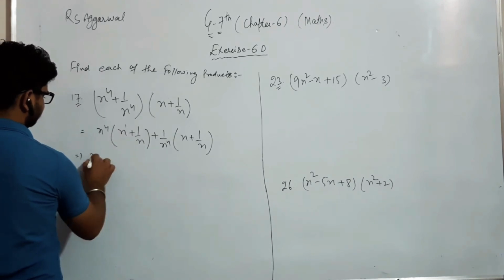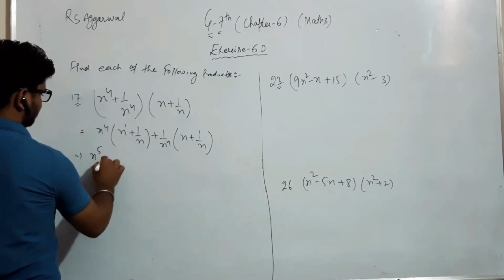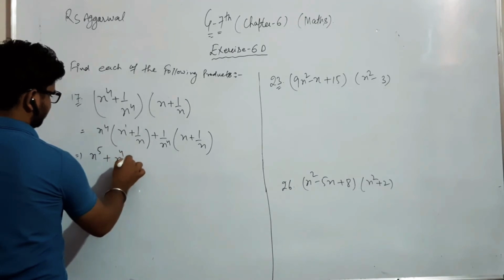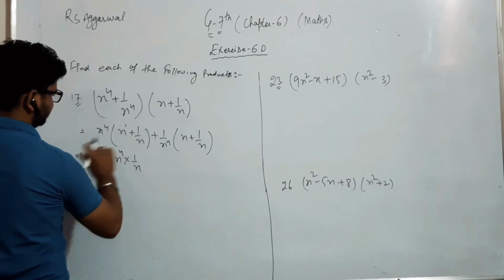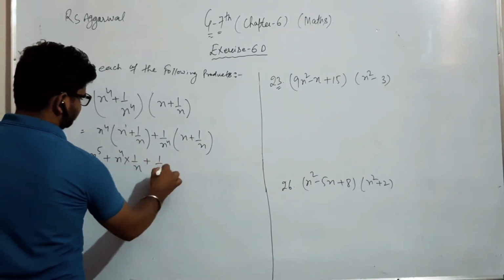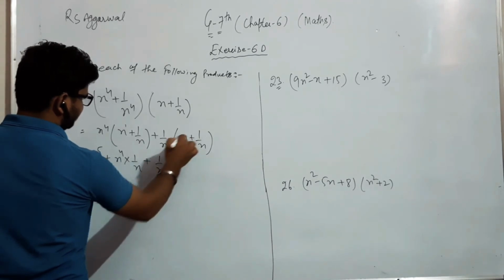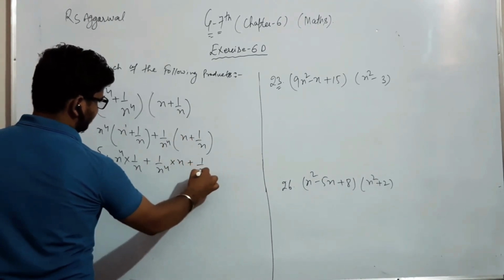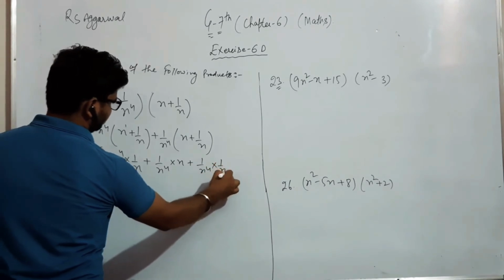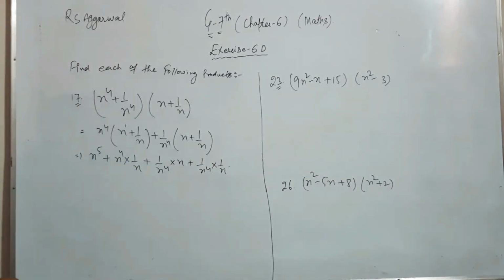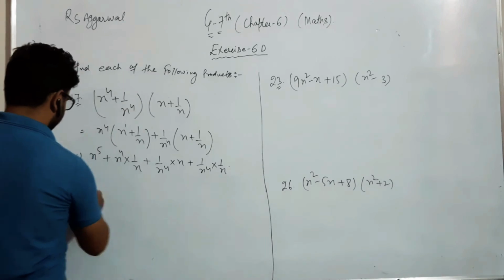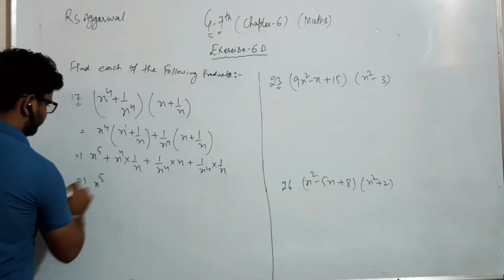When we multiply this, it is x raised to power 5, 4 plus 1. Then plus sign, x raised to power 4 multiplied with 1 upon x, this second term, plus 1 upon x4 multiplied first with this x, plus 1 upon x4 multiplied with 1 upon x, this second term. Okay, so here what is left is x raised to power 5.